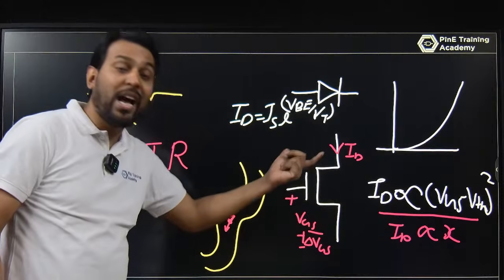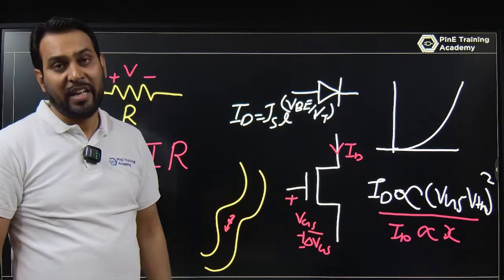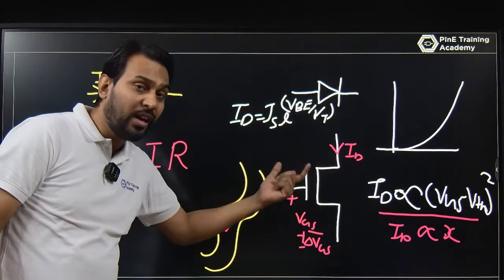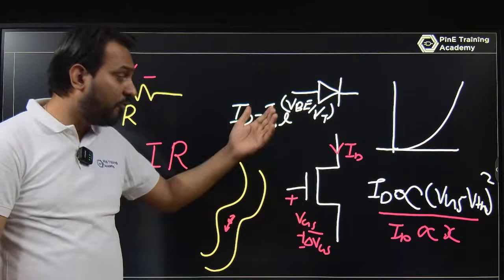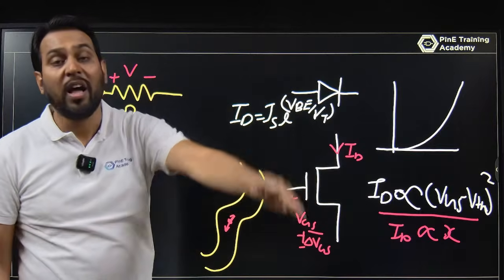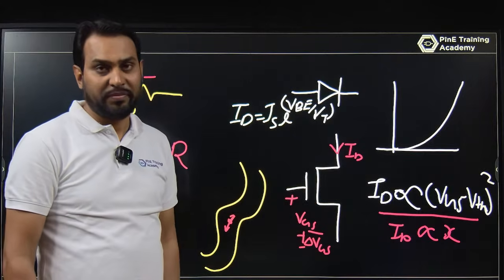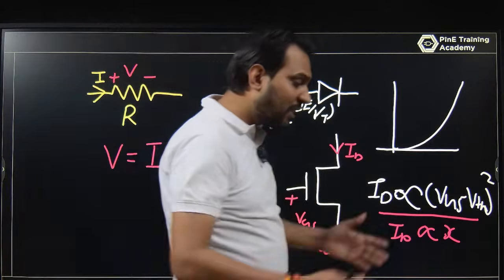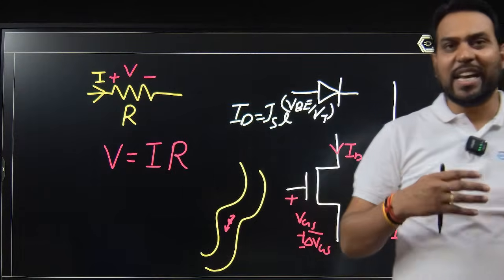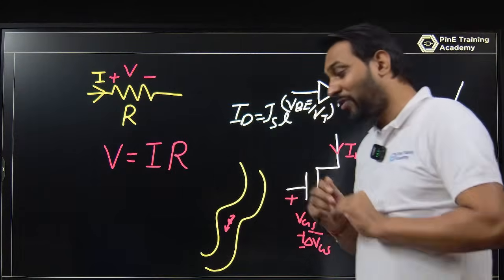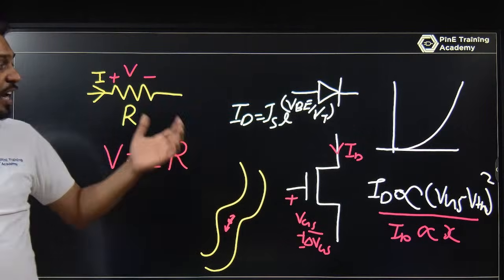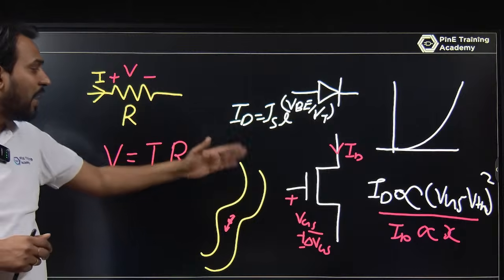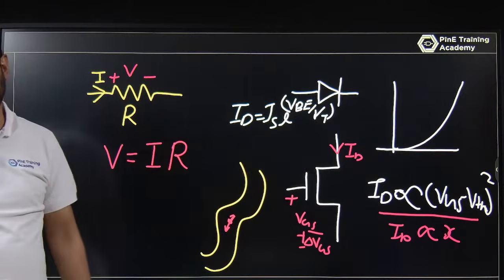It looks like a linear circuit. Then only we can use Ohm's law. But firstly we convert this circuit from non-linear to linear. So that's why we are using Ohm's law, KCL and KVL. All these methods are valid in IC, because we are converting all these fundamentals into a linear form.